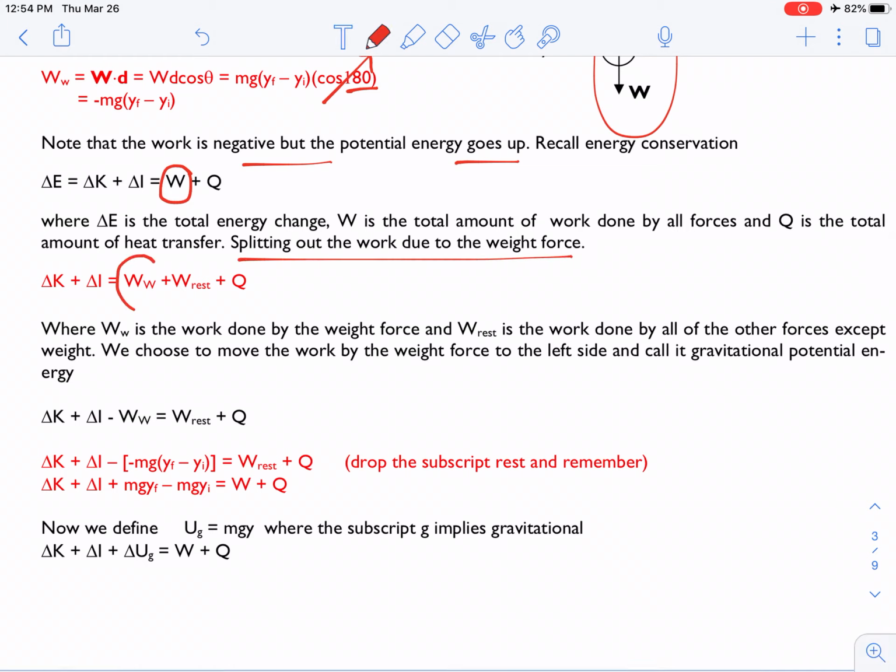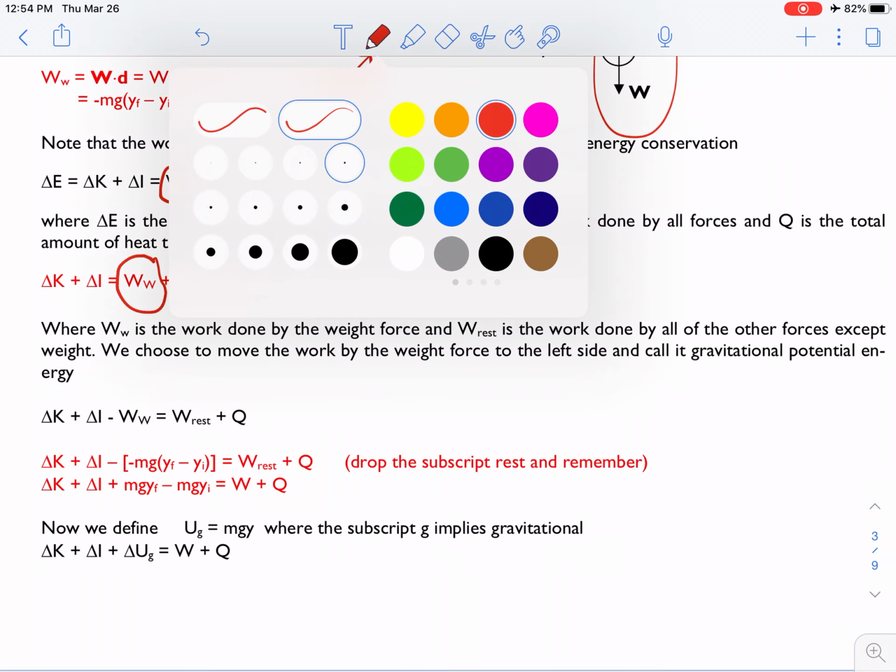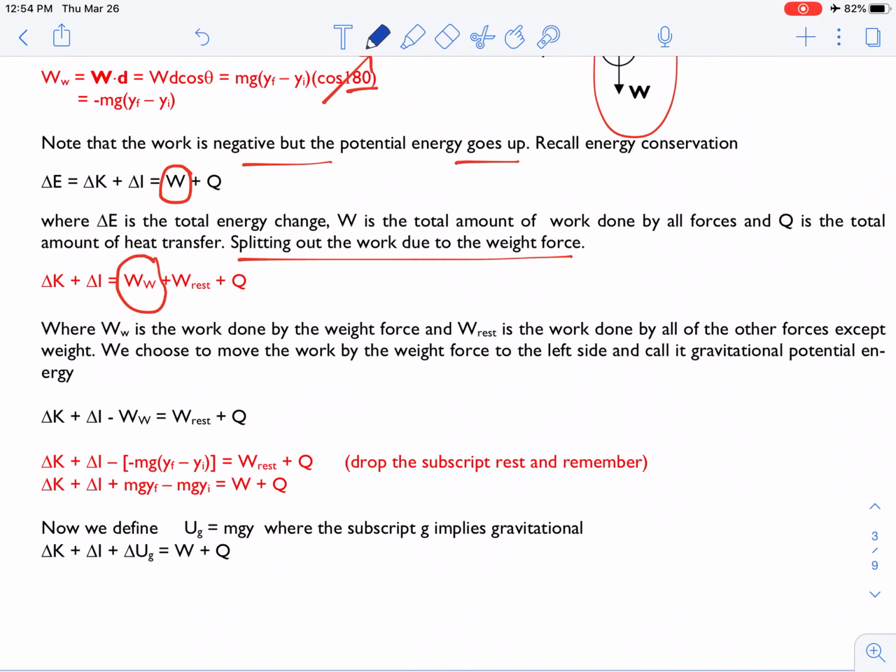So this is the work done by the weight force, and this is the rest of the forces. If we have more forces, then they may do work, and if they do, this is where they go. So we just split up the work done. Then we put the work done by the weight force on the left side.